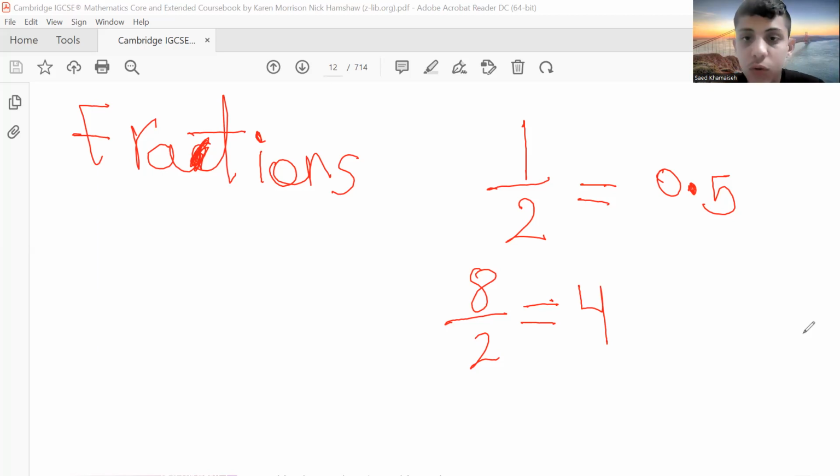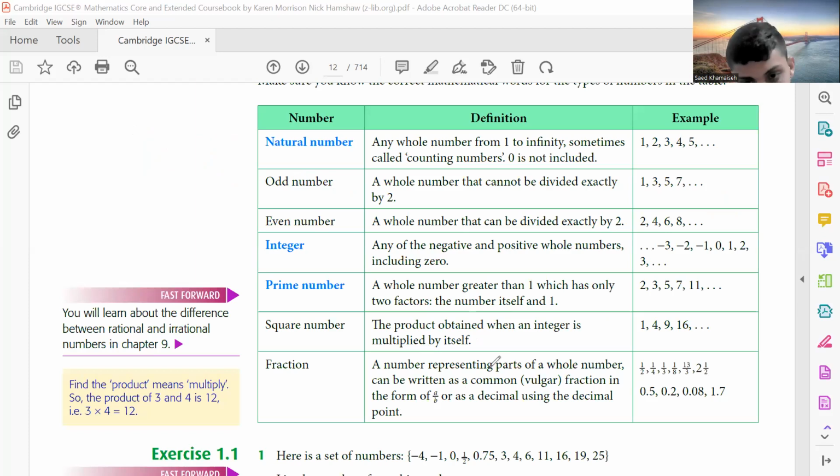Important thing, now we need to see that a fraction is a number representing part of a whole number, in the form a over b, or as a decimal using the decimal point.